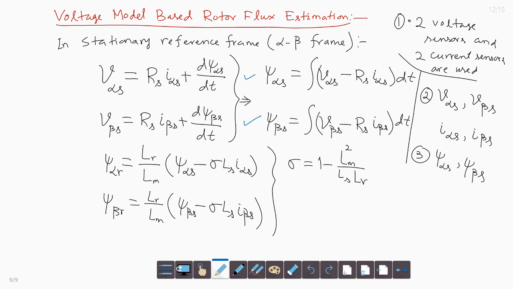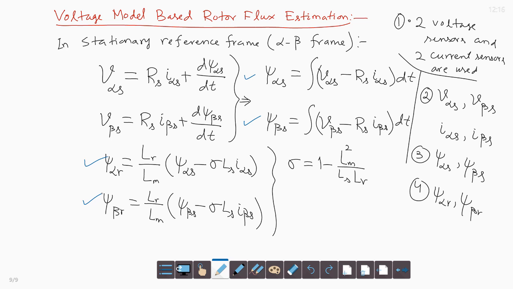Once you get psi alpha s and psi beta s, the fourth step is to get psi alpha r and psi beta r, using this equation and this equation. Using these equations we generate the rotor flux components psi alpha r and psi beta r for computing the unit vector, as you derived previously. So, this is the algorithm.